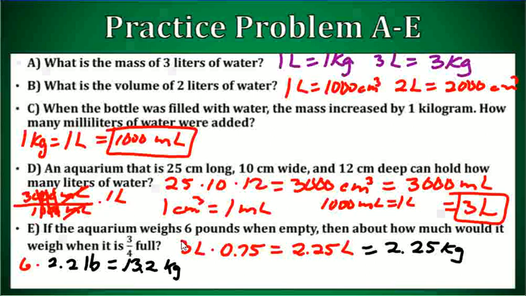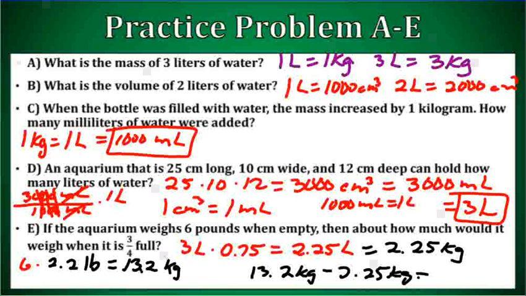So if the whole aquarium when it's empty is 13.2, I take my 13.2 kilograms and I subtract the 2.25 kilograms. This would give me 10.95, which is about 11 pounds.